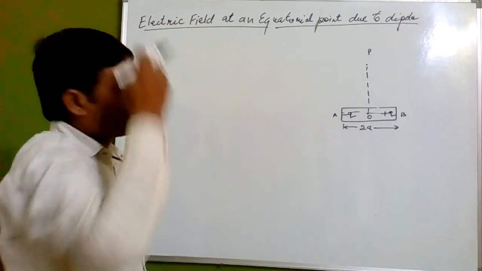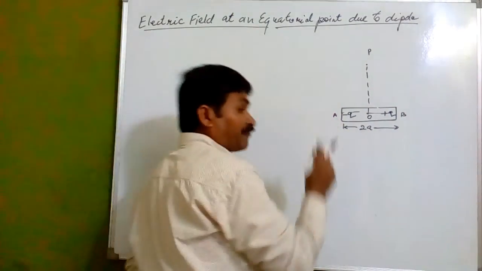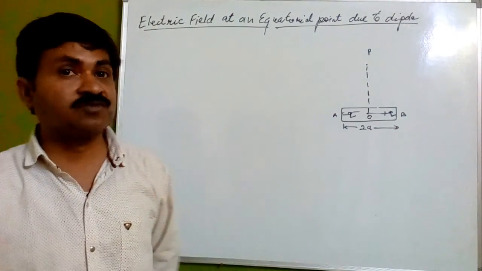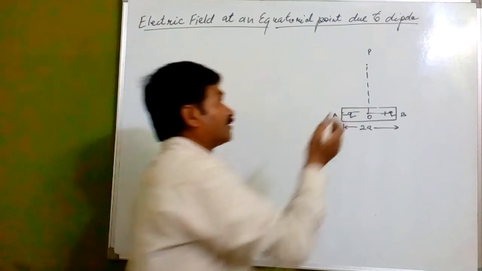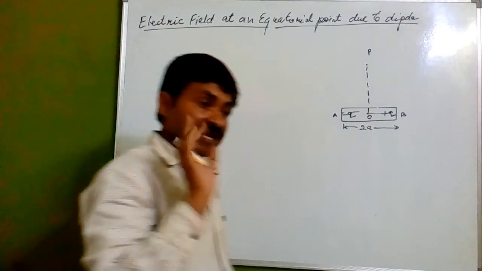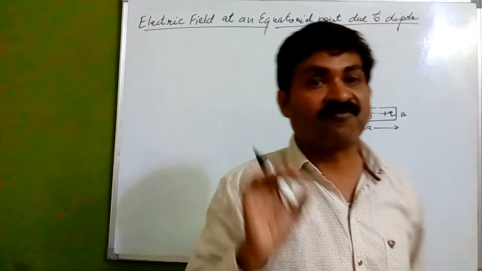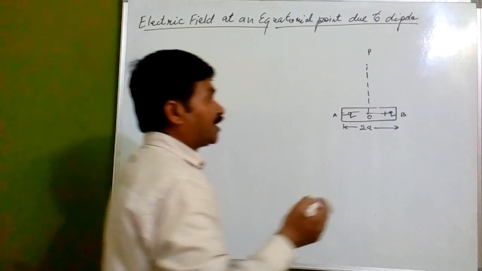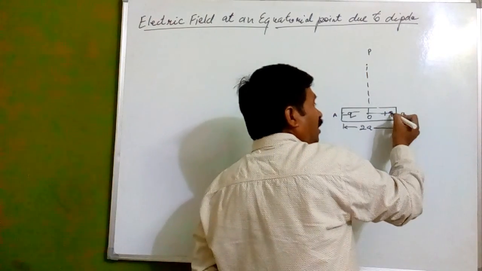Now, at the equatorial point, if we want to determine the electric field at any point, we always assume that we are keeping a unit positive charge, and the definition of the electric field is the force experienced by a unit positive charge. So here we are going with that.